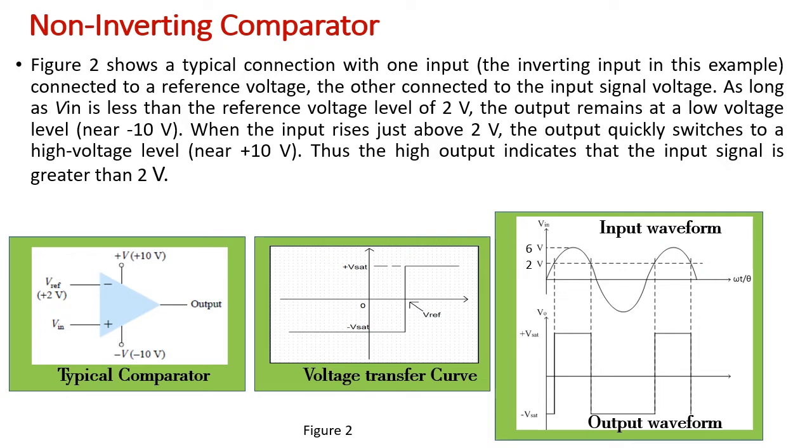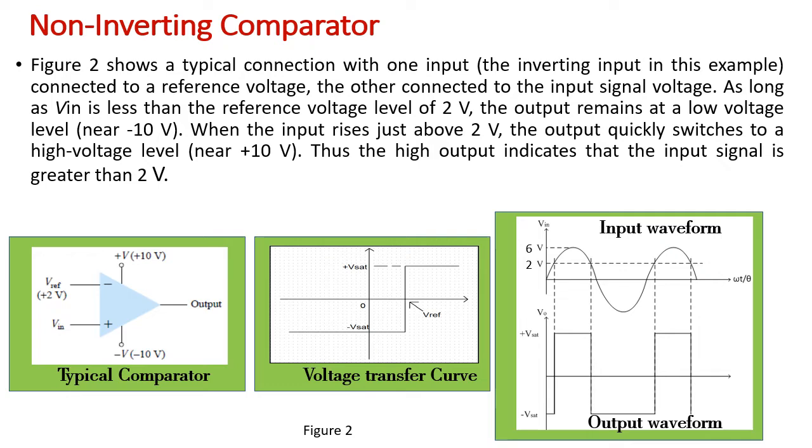Based on this, we can convert a sinusoidal input to pulse form. If Vin is a sinusoidal waveform, up to 2 volts it will give minus Vset, and when it increases from 2 to 6 volts and comes back from 6 volts to 2, it will give Vset as per the voltage transfer curve, because from this 2 volts the input is greater than Vreference, so it will give a constant Vset.